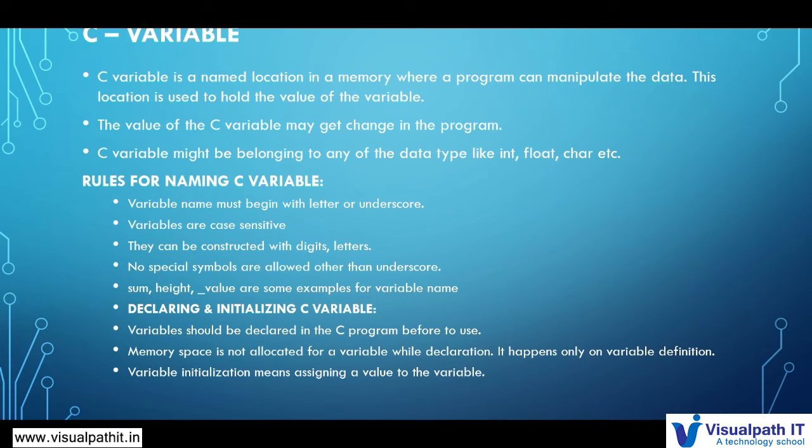That int age will be storing the value of the age of the user. Fine. Memory space is not allocated for a variable while declaration. So if you say int age, at that moment there is no space allocated to the variable age. It only happens when the variable is defined.